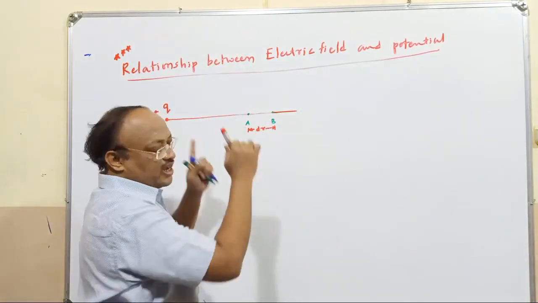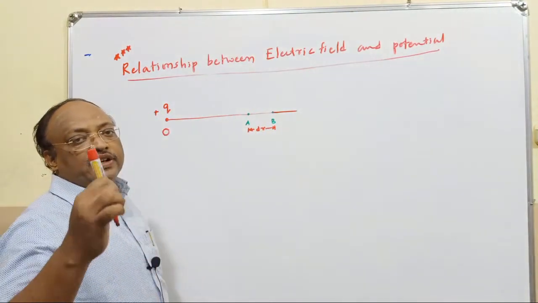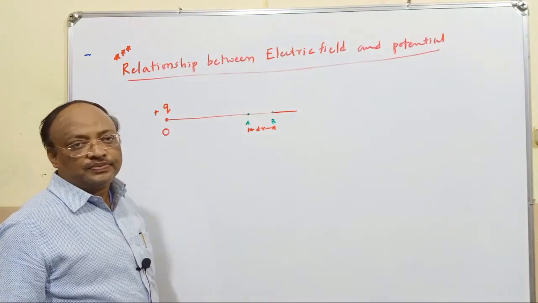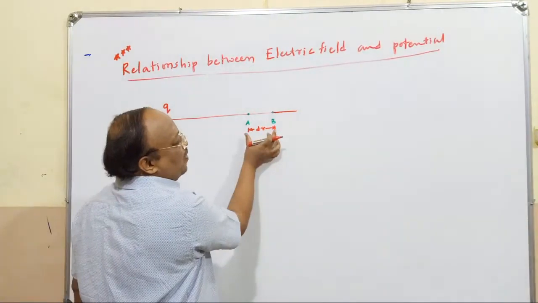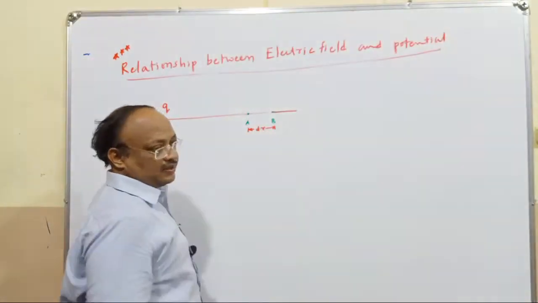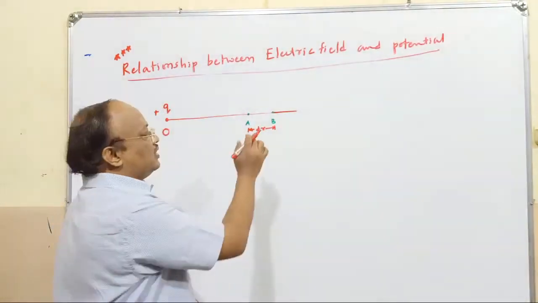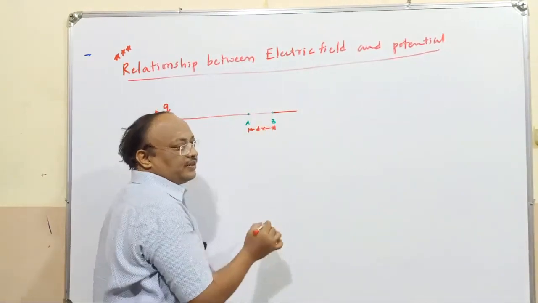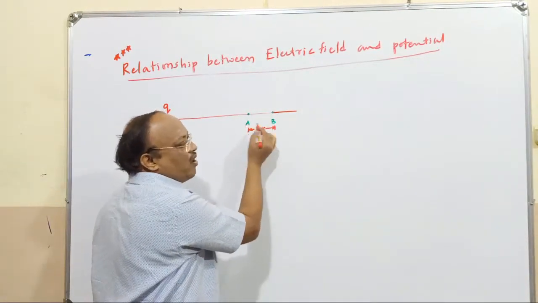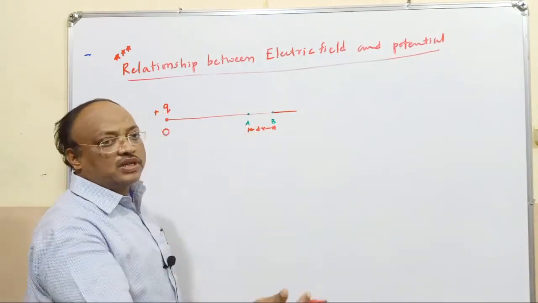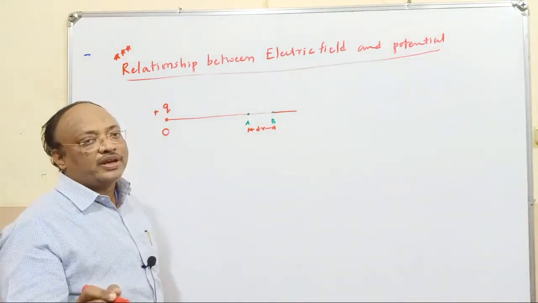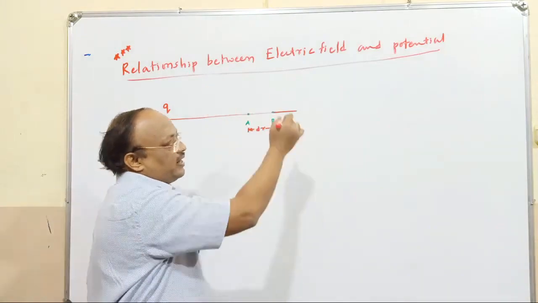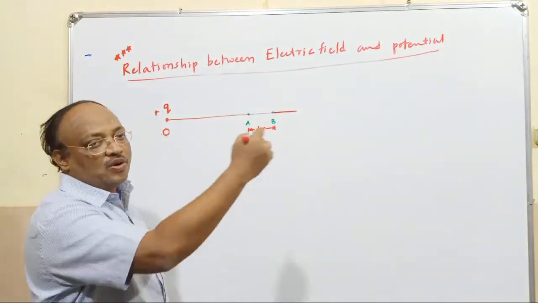As the position changes, the electric field should change, but these 2 points are so close that the electric field at these 2 points is almost the same. This assumption I am making to derive the relation. Otherwise we cannot go further.